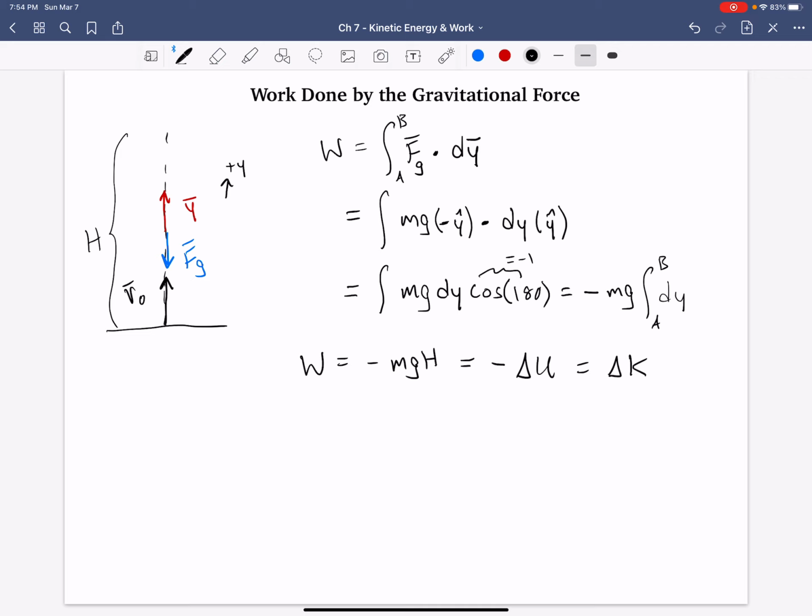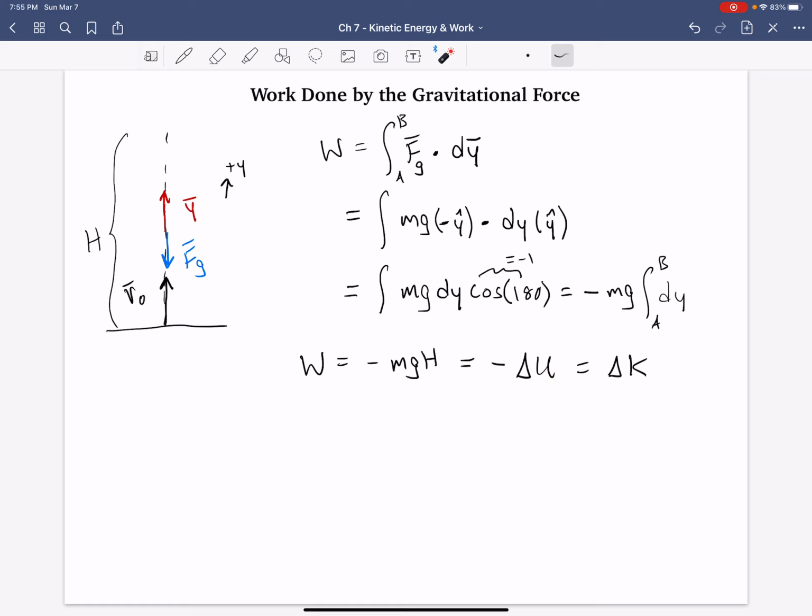Well, now, for a gravitational force, it turns out it's the negative change in potential energy. And this is the crux of Chapter 8. This will come back and be very, very important in Chapter 8. But for right now, I'm just giving you a little bit of a heads up. Work is both of these things, negative delta U and a positive delta K.